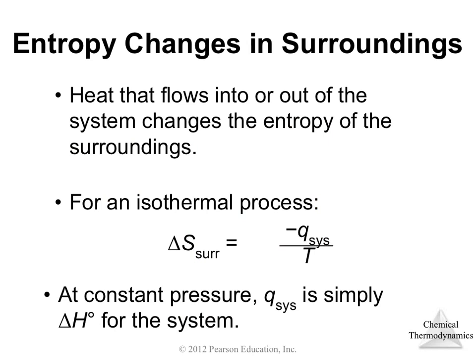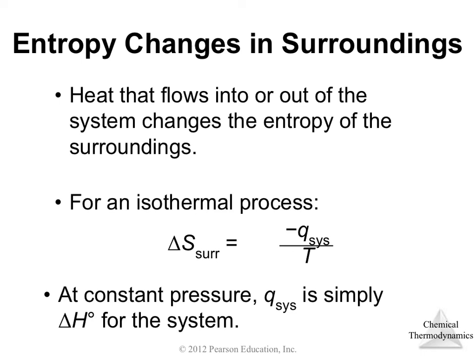Okay, so a couple other things, you guys, about entropy. Heat that flows into or out of the system changes the entropy of the surroundings. So if there is a temperature change, that heat had to have gone somewhere, just like we've talked about in the first law of thermodynamics, that we can't lose or gain that energy or that heat from nowhere.